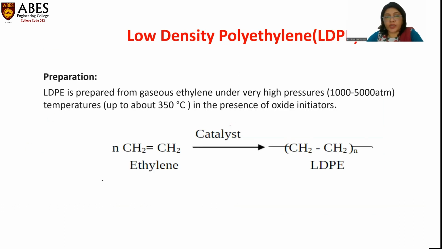In low density polyethylene, the preparation is carried out under high pressure, that is, the pressure is maintained at 1000 to 5000 atmospheres, and the temperature is also high, about 350 degrees centigrade. In the presence of a catalyst, an oxide initiator, the ethylene molecules are converted into polyethylene with the properties of low density polyethylene.